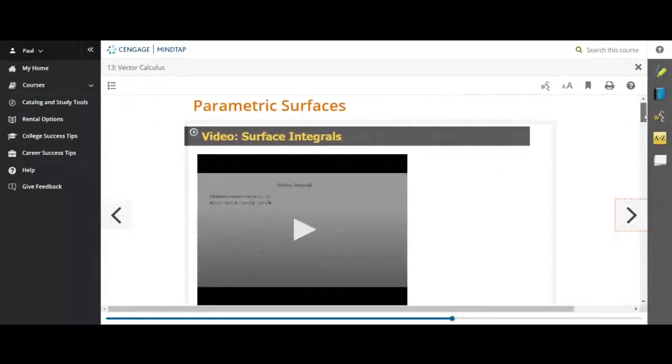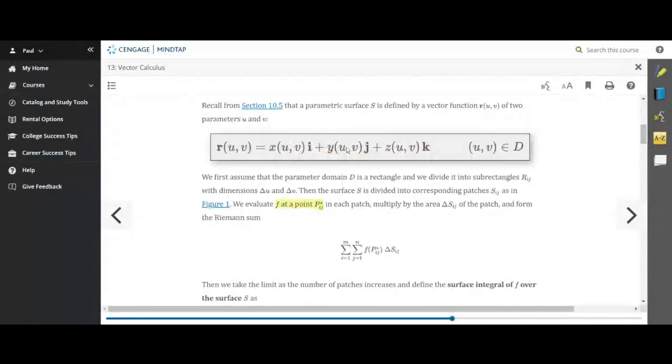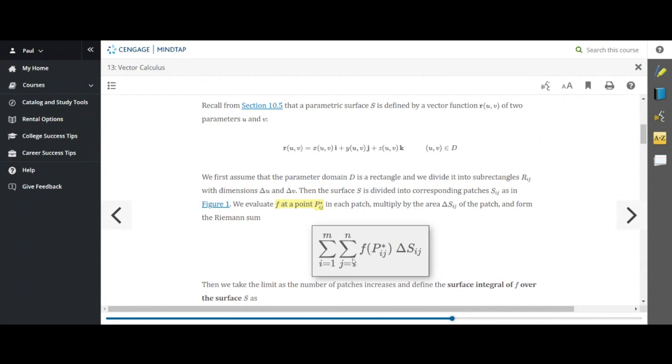So again, there is the vector function of two parameters that traces out the surface. And what we're going to do now is take a function of x, y, and z.